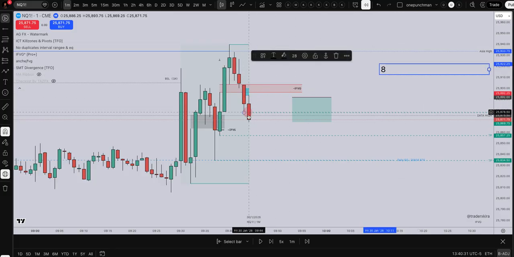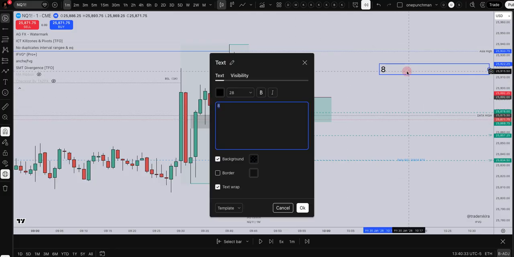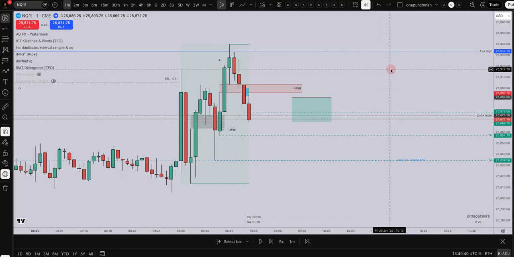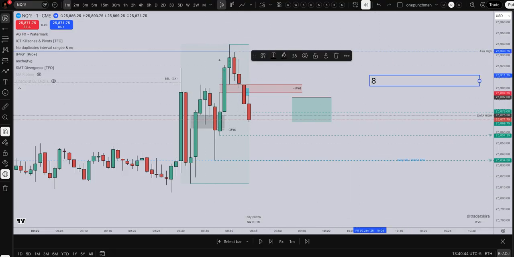So when price starts to get to TP1, I'm immediately going to shave off about 3 contracts. Now I'm left with 5.